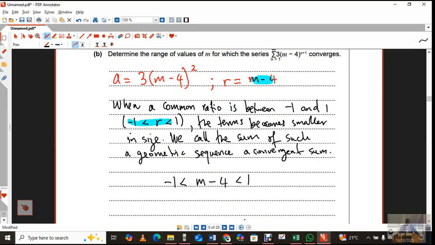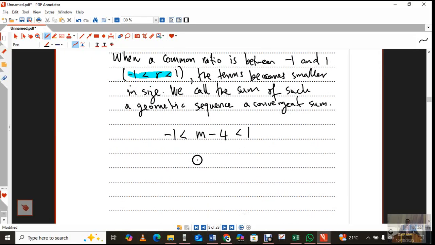So from here the aim is to have m alone. So what you are going to do is add 4 here and add 4 here. That's how you get rid of that. So at the end of the day, you are now left with 1 plus 4, which is 5, and -1 plus 4, which is 3.